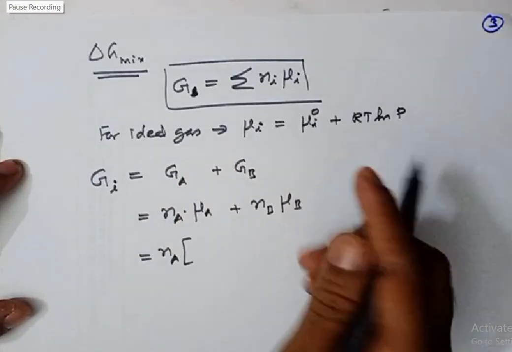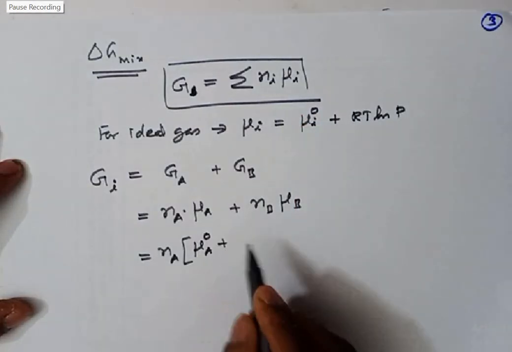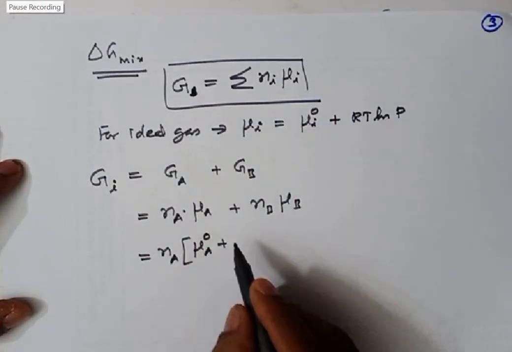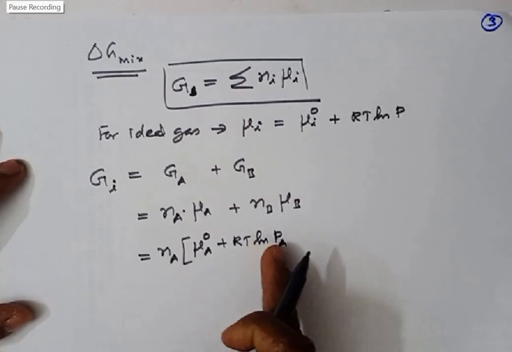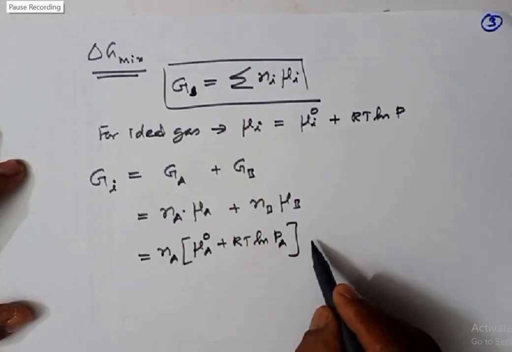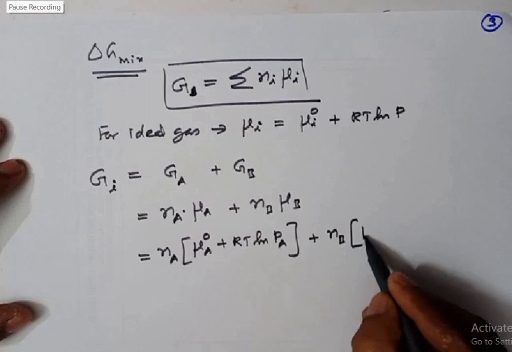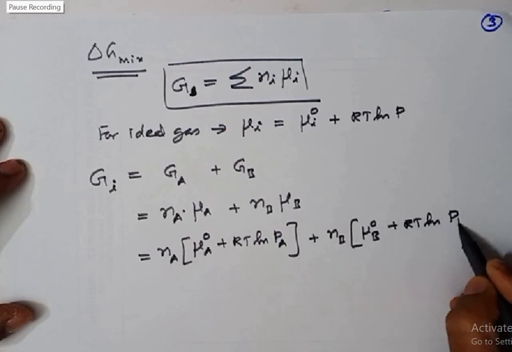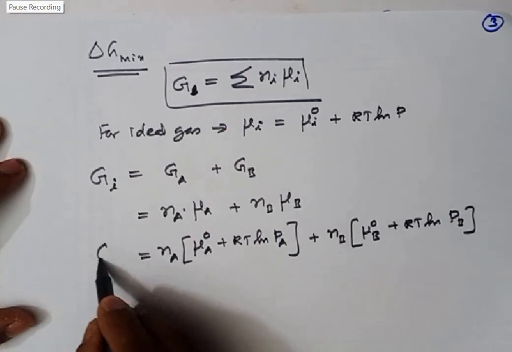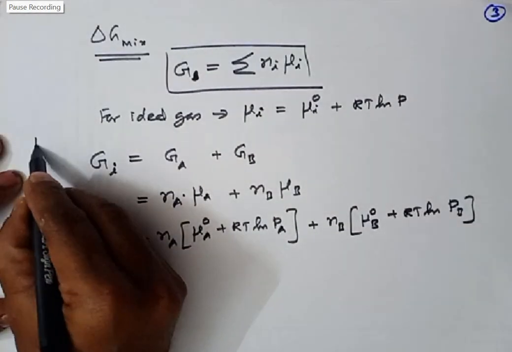A and B are ideal gases, so we can write the chemical potential as mu A naught, the chemical potential in the standard state, plus RT ln PA, the pressure of A before mixing, plus number of moles of B into the standard chemical potential of B plus RT ln pressure of B. So this is the Gibbs free energy before mixing, or initial.